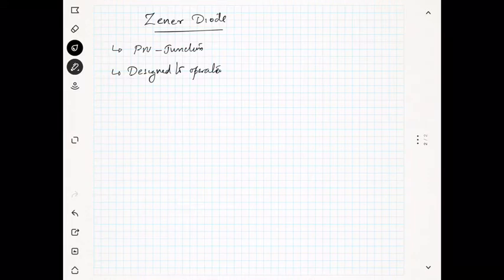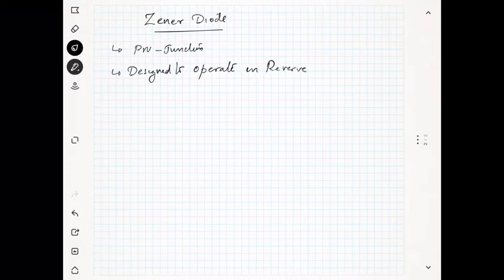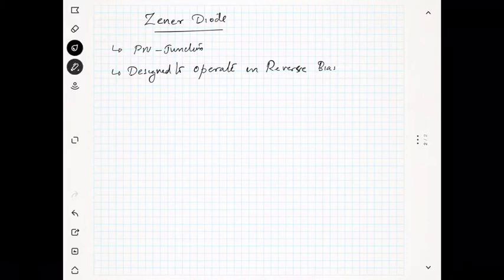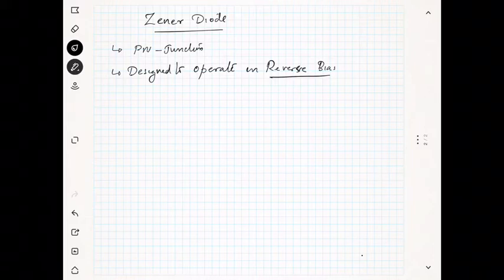You have seen that the standard diode normally operates in forward bias, but this diode is usually used to operate in reverse bias. It is a special purpose diode, and it has a special kind of characteristics.